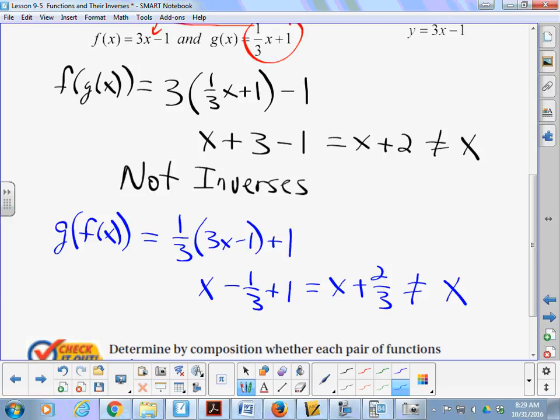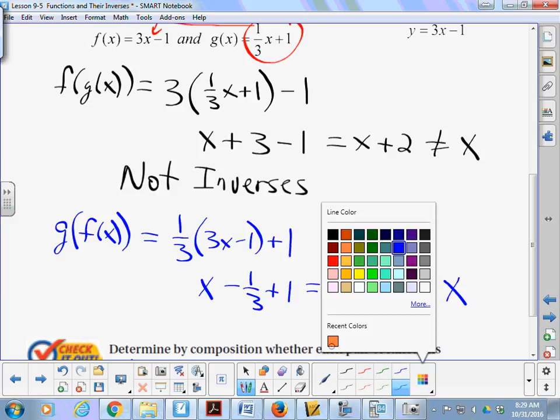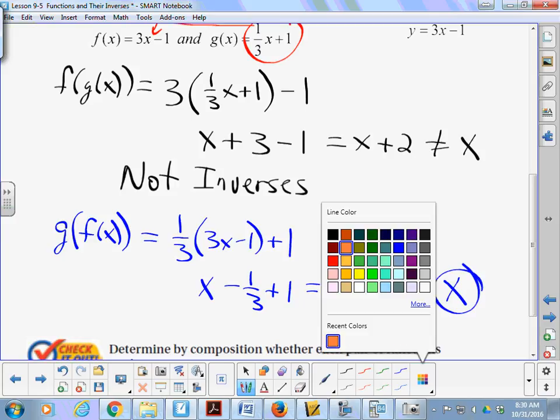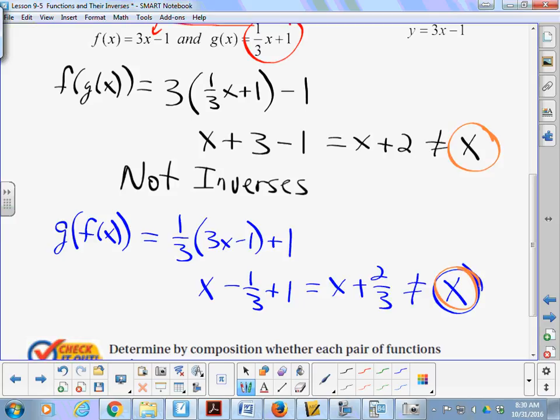All right, so I'm just using them to determine whether they are inverses or not. But they must equal x for them to be inverses. Right? So when I simplify them. But if one of them works, I have to test the other one.